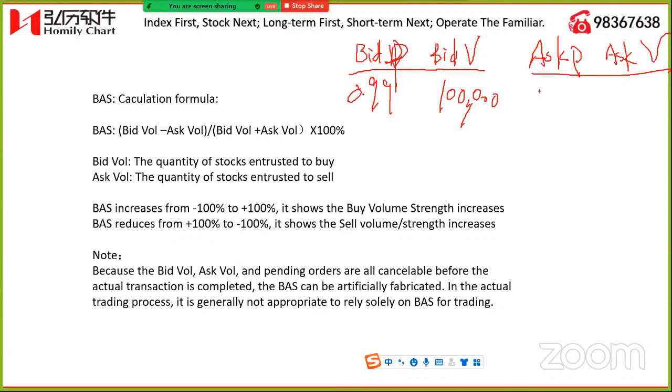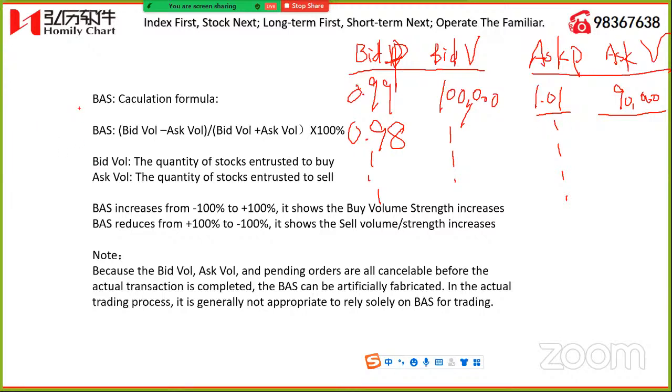At the same time, there are sellers waiting to sell the stock at 1.01, with about 90,000 shares of volume. At the same time, there are also some big orders and some ask orders.